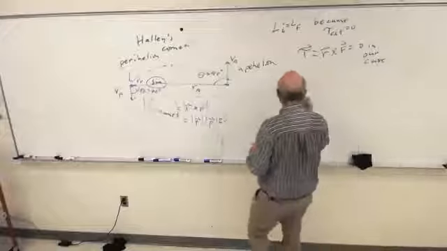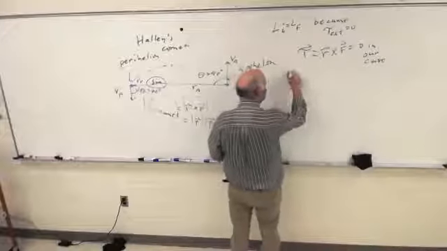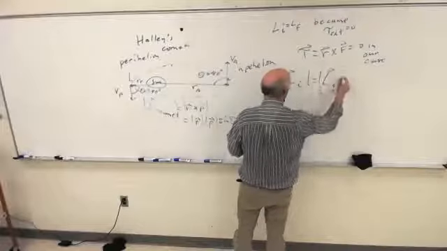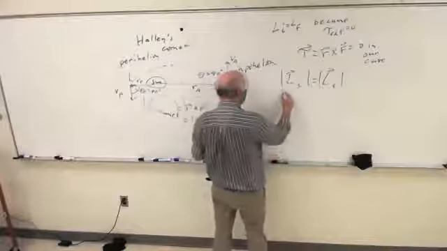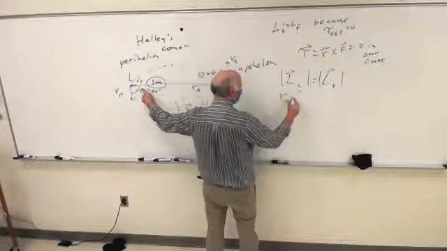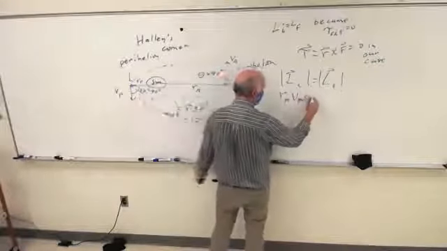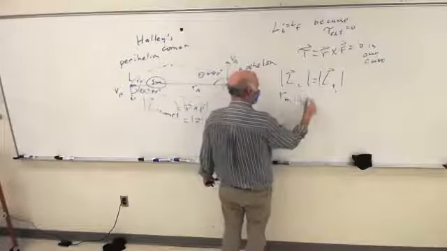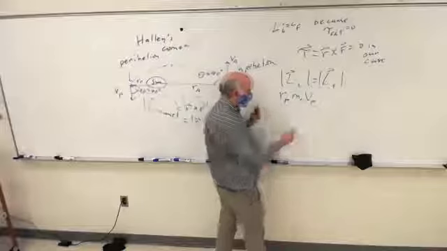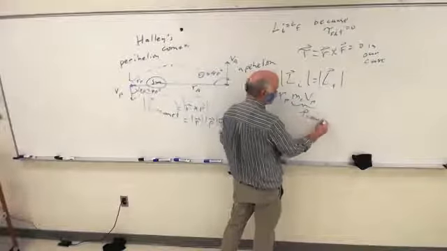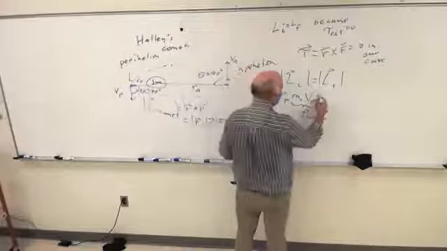I'm going to say L initial equals L final. So this is going to be R at the perihelion times the velocity at the perihelion times the sine of 90, times the mass of the comet times the velocity at the perihelion. This is P of the comet. Times the sine of 90.